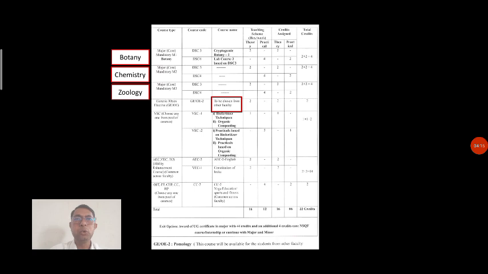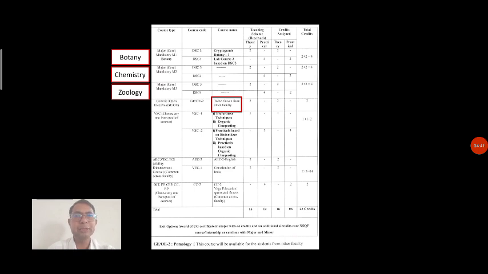Again we will take a look at the subjects of this student which are to be covered in this particular semester. So for example, the student has the botany subject, chemistry subject and zoology subject. So these are the three compulsory papers for the student in this particular semester. Along with these three subjects, the next subject is GE/OE, that is the fourth subject.